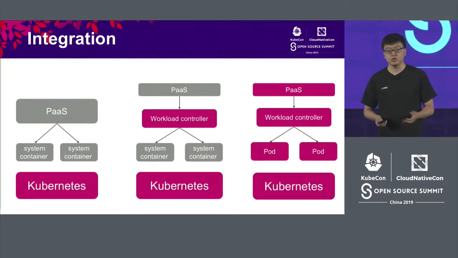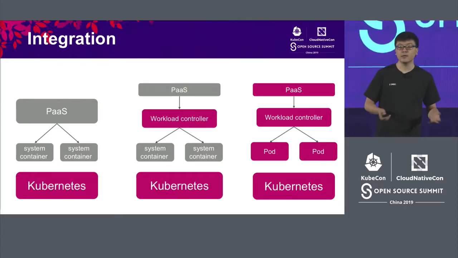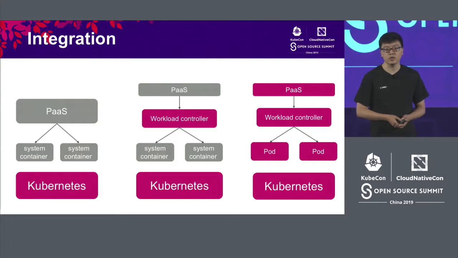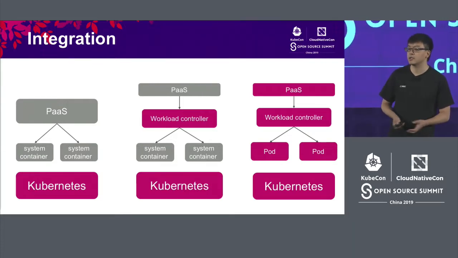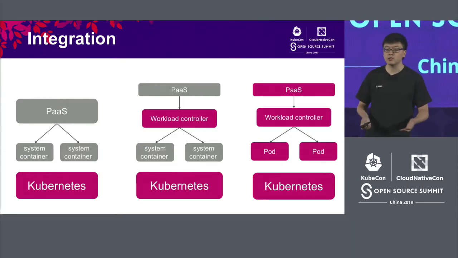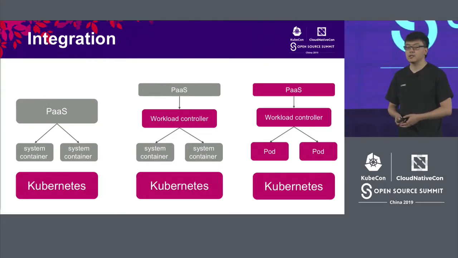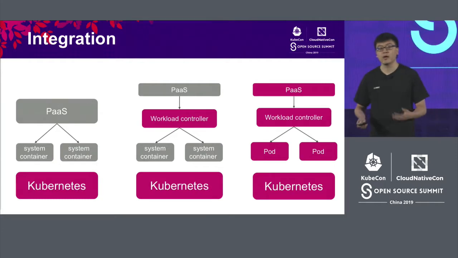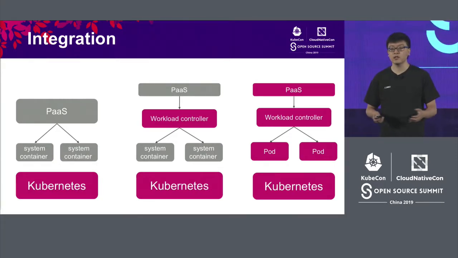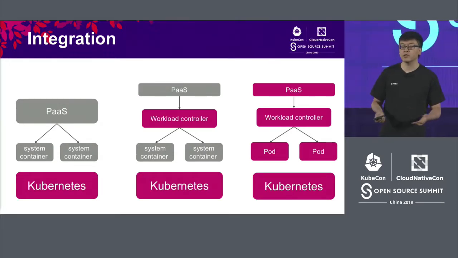The second thing I want to say is what we are exploring at Ali Group, which is how to transfer everything into the Kubernetes system. At Ali Group, this is not something done overnight. We have experienced several generations of architectures. At the beginning, we only used Kubernetes to support container resources. At Ali Group, we have a system container, and the system container is more like a virtual machine.